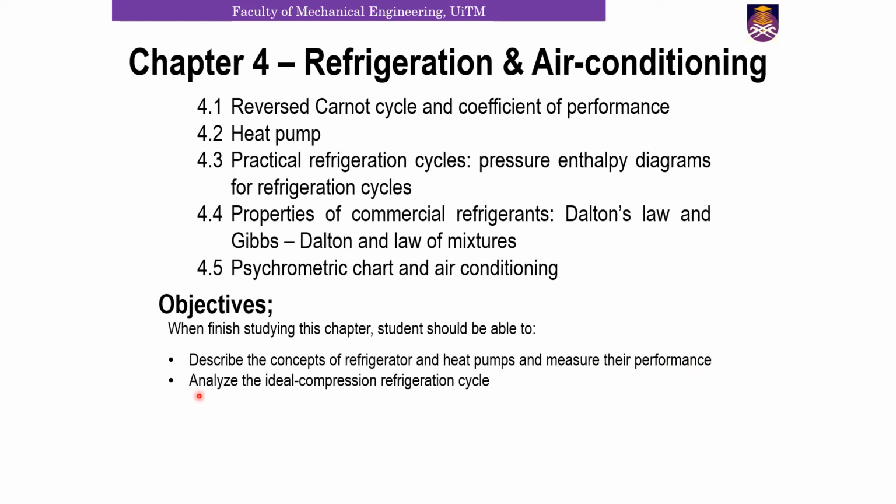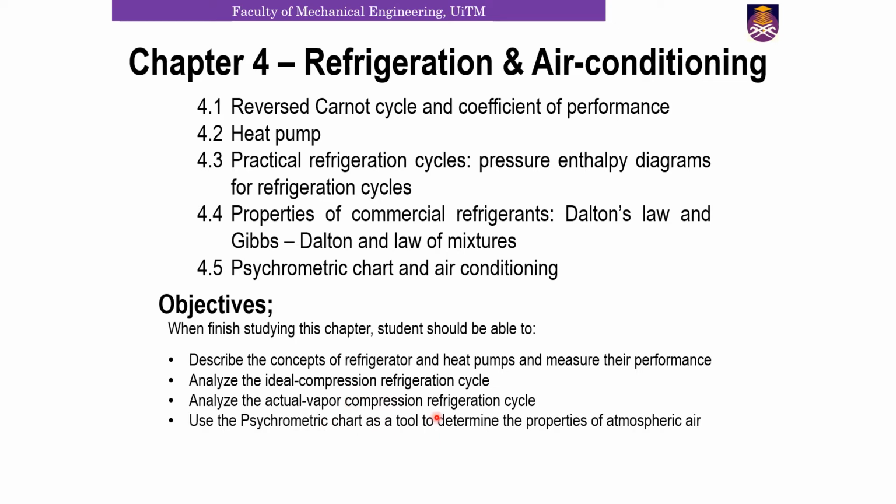Second objective is you should be able to analyze the ideal compression refrigeration cycle. You should be able to analyze the actual vapor compression refrigeration cycle, and as you can see, both are different. Although they are referring to the same refrigeration cycle, we will see that there are some differences between the two.